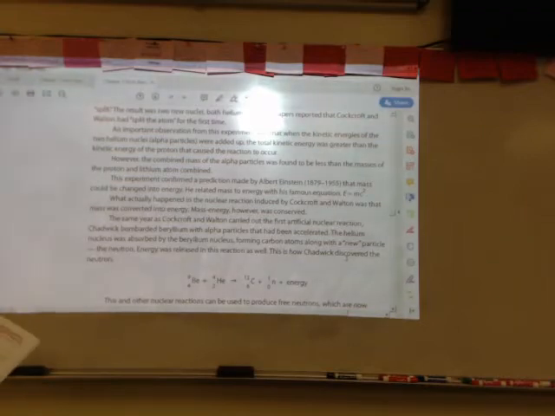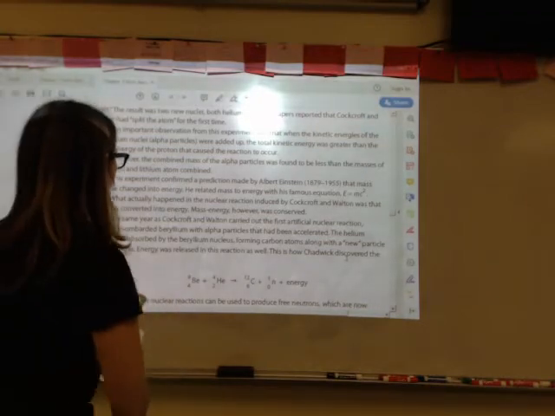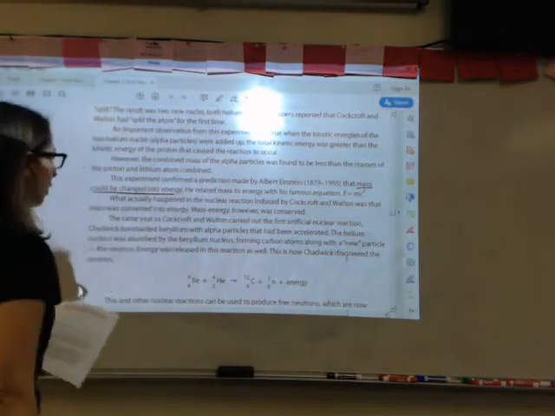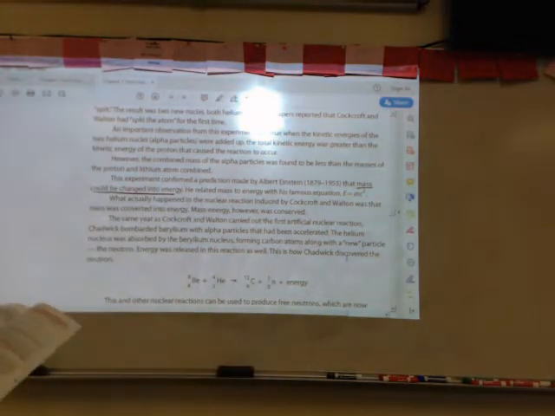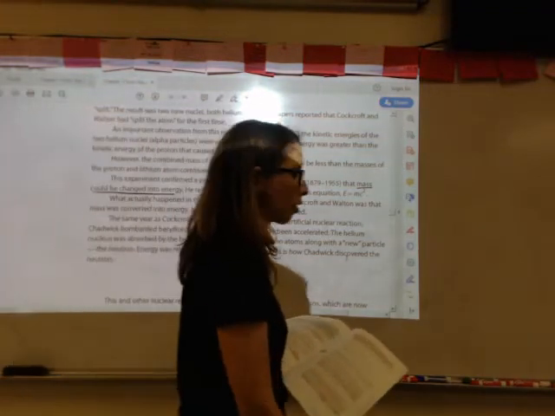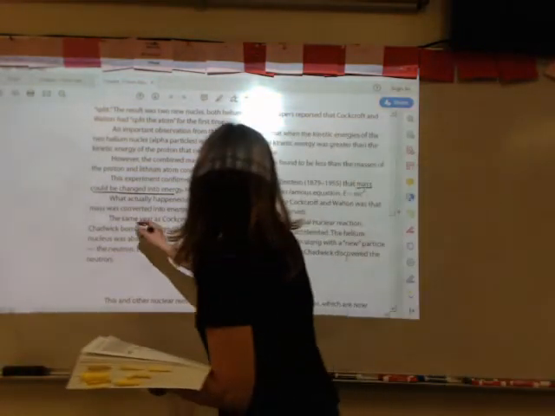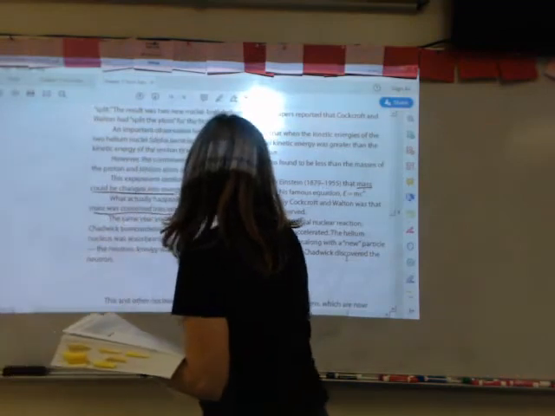So this confirmed a prediction made by Albert Einstein that mass could be changed into energy. He related mass to energy with his famous equation, E equals mc squared. What actually happened in the nuclear reaction induced by Cockcroft and Walton was that mass was converted into energy.